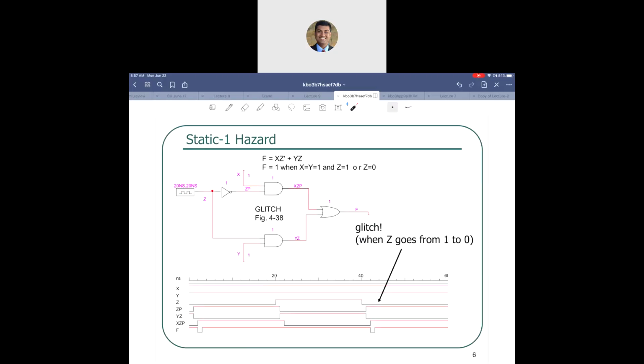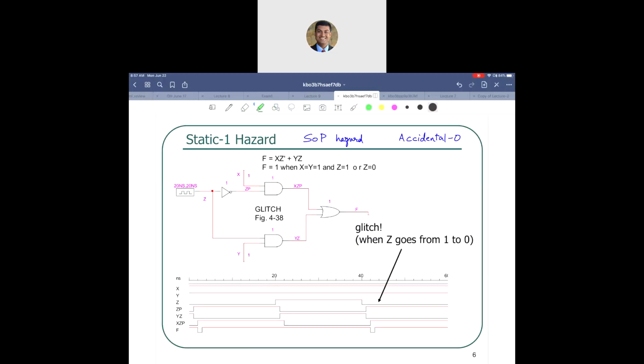Let's take a look at static hazard. Static 1 hazard. What else can we call this? Static 1 hazard or SOP hazard, or we can call this accidental 0. Now, right away, you might be able to relate to the term SOP hazard.